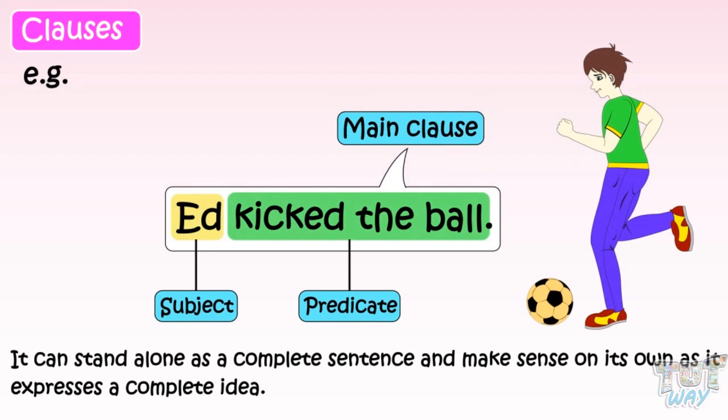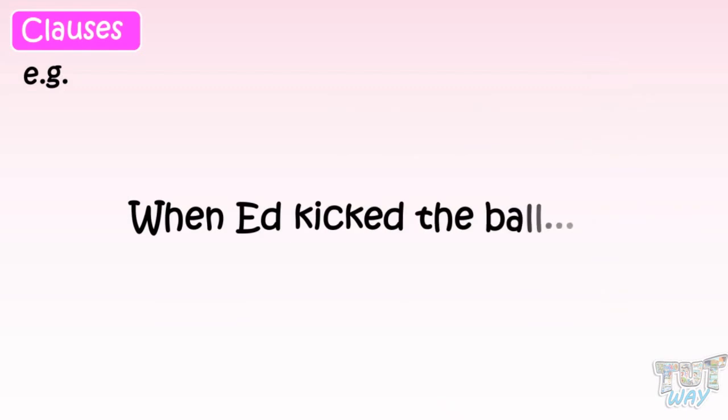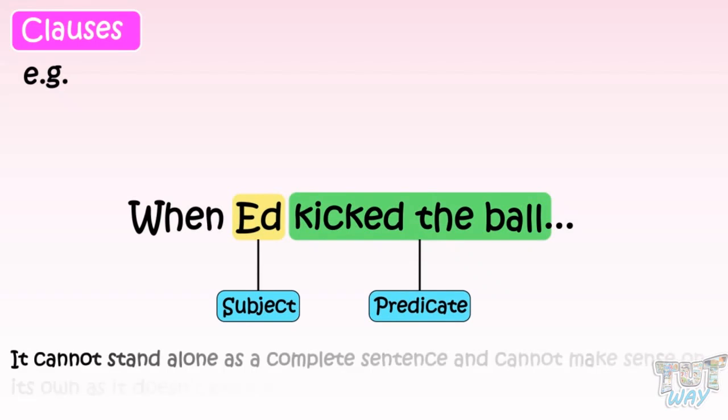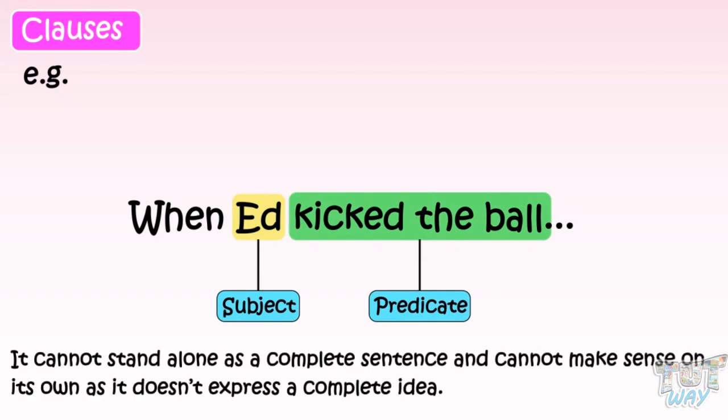Let's see another clause. When Ed kicked the ball. This clause also has a subject, Ed, and a predicate, kicked the ball. But it cannot stand alone as a complete sentence and cannot make sense on its own as it doesn't express a complete idea.